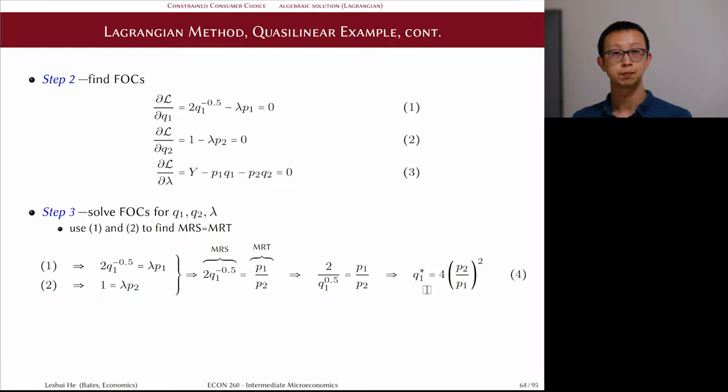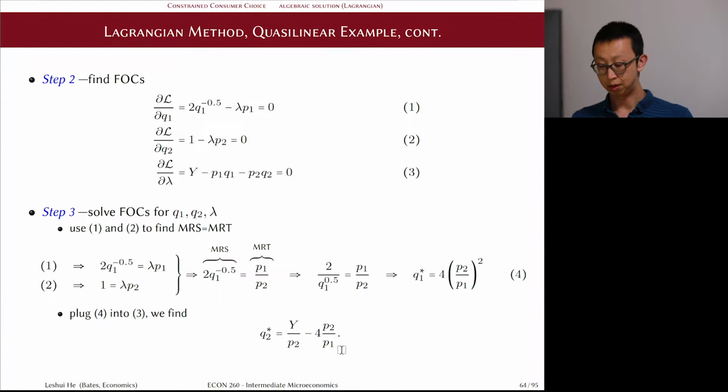of Q1 star. So now we can plug Q1 star into the budget constraint and try to solve for Q2 star. And of course, when Q1 is taking this particular value, we can just subtract the expenditure on good 1, and then by dividing the remaining expenditure by the price of good 2, that will yield this particular expression here as the solution.